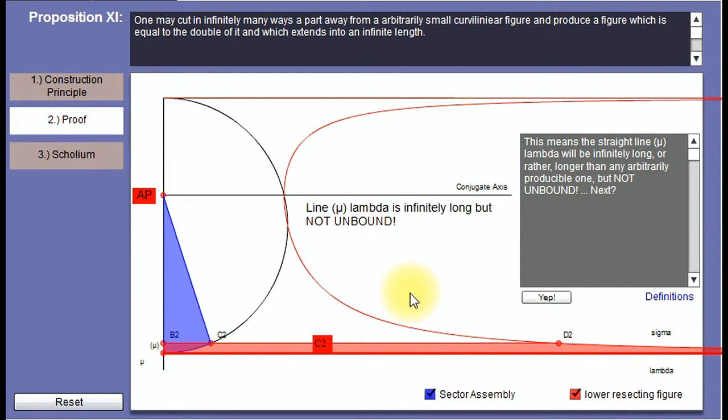And this enables us to establish that the area which extends here into the very right is finite.